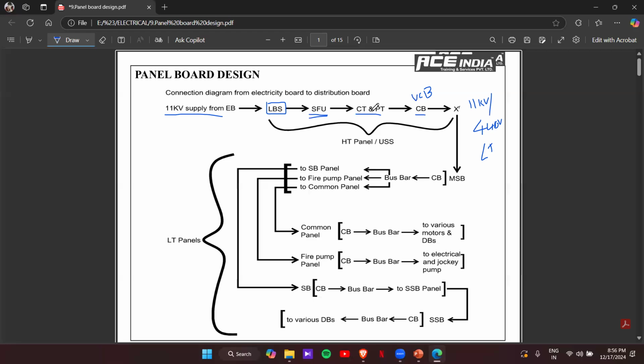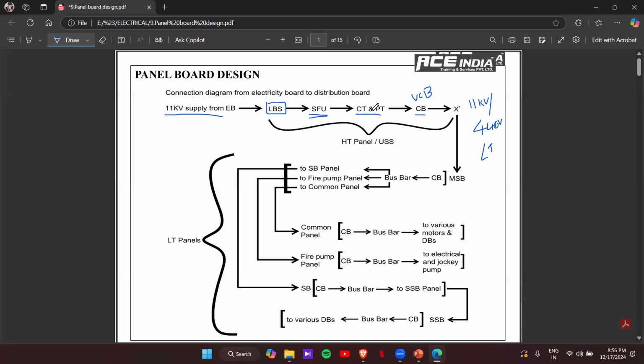If it is protection type, you have a protection type current transformer and a protection type potential transformer. To get protection from current, you use a current transformer. To get protection from voltage, you use a potential transformer.